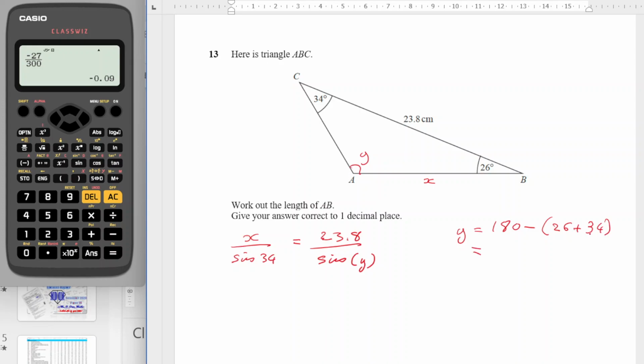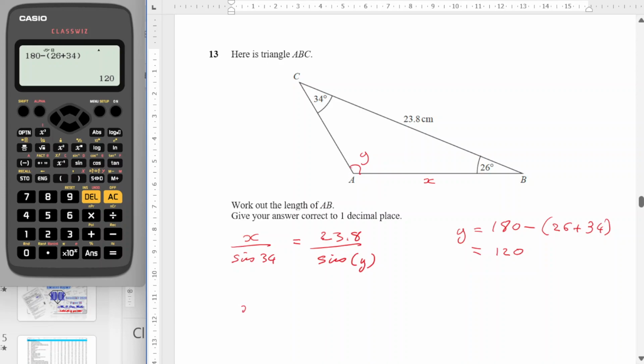So that adds up to 60, so 120 I believe. Let's just double check though. On a calculator paper, always double check anything you do in your head, to avoid any silly mistakes. No, actually, I've made a mistake typing into my calculator, not in my calculation. So I should have done 34, not 24. There we go, 120 like I thought.